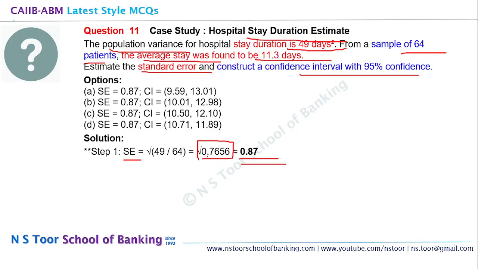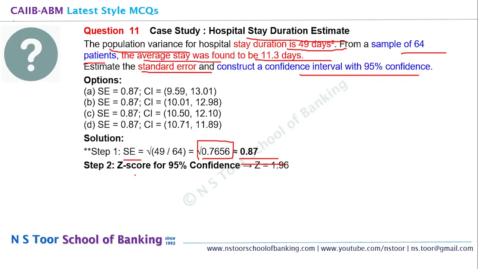We find the square root of that, which is 0.87. So what is my standard error here? It is 0.87, but in all the options they have given 0.87 only, so with this I am not able to find my correct answer.